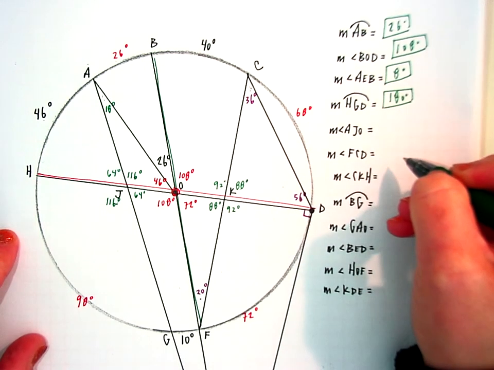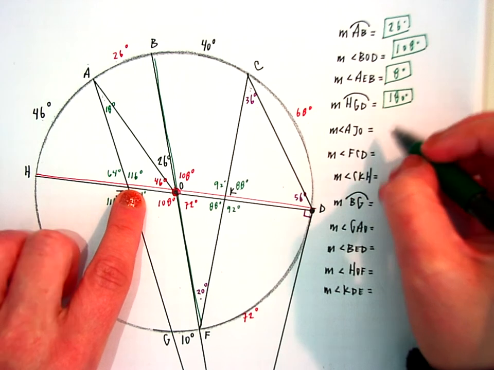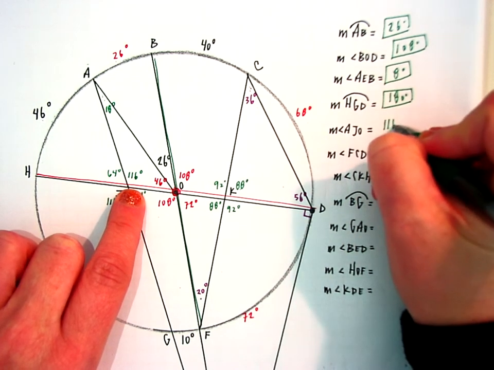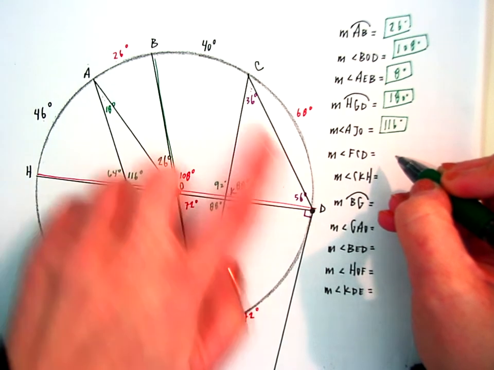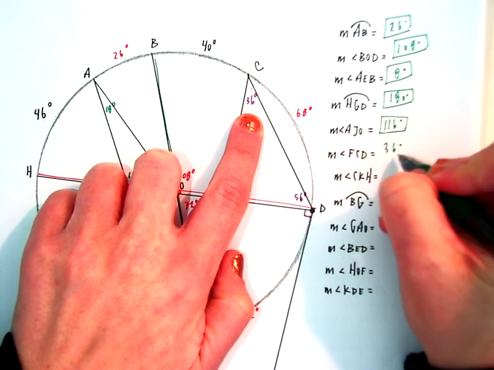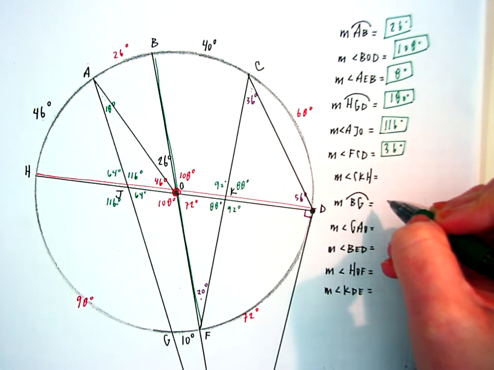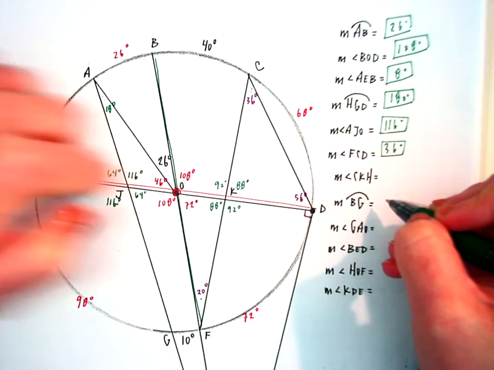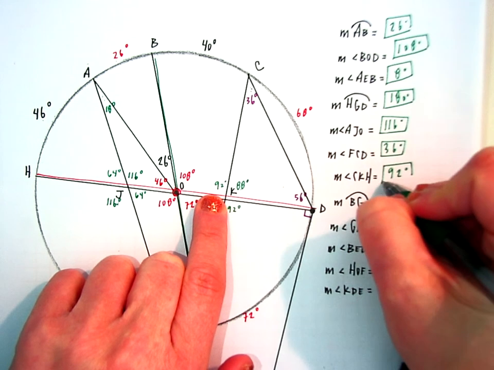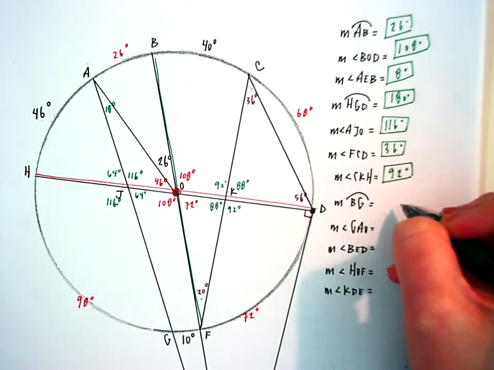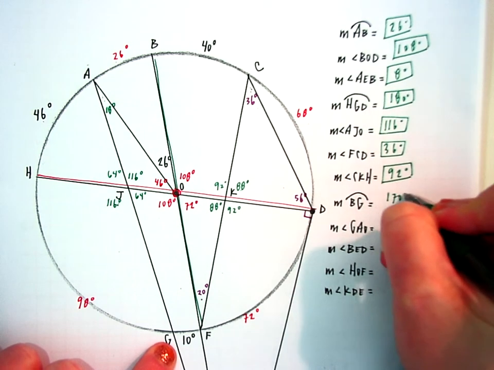Okay, AJO, so right there I got 116. FCD, so FCD right there is 36. Angle CKH, so CKH right there is 92. BG, here's B to G, so I have 170.